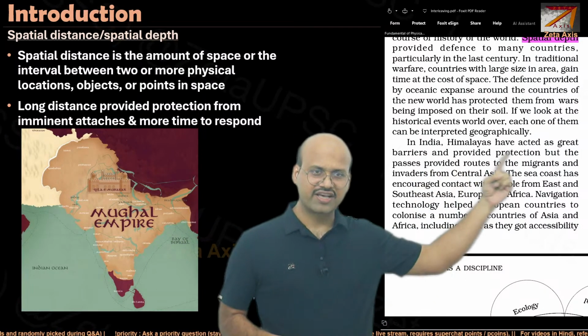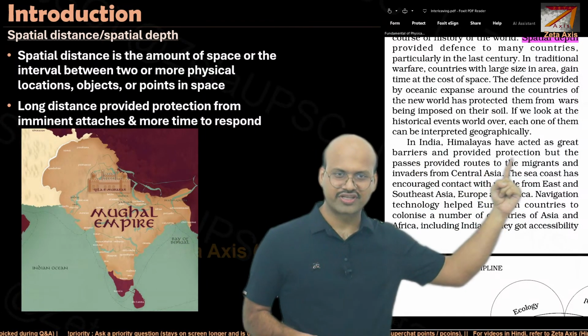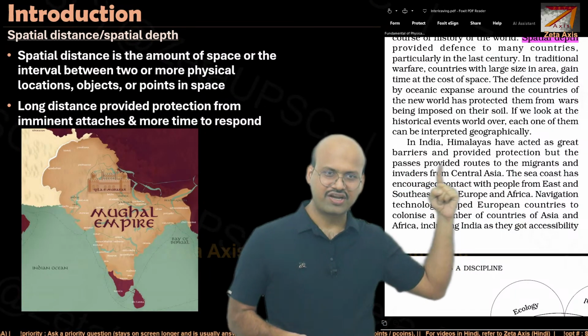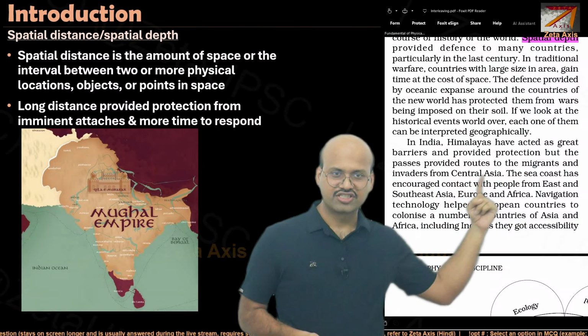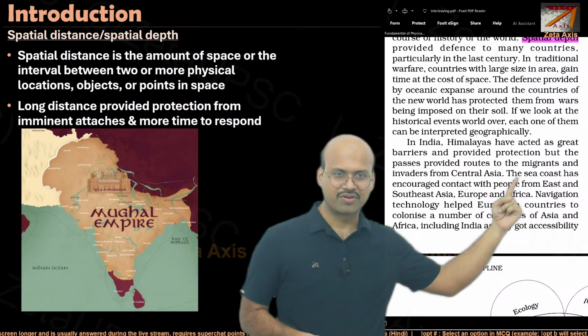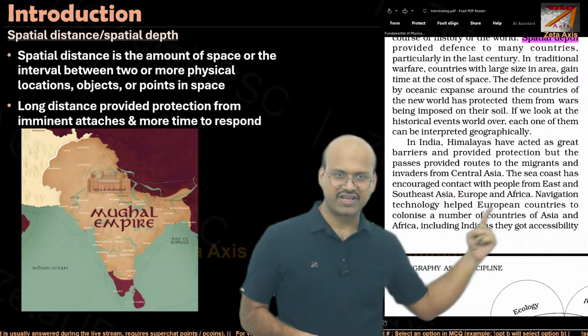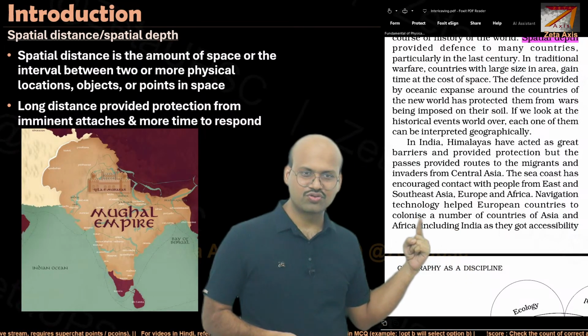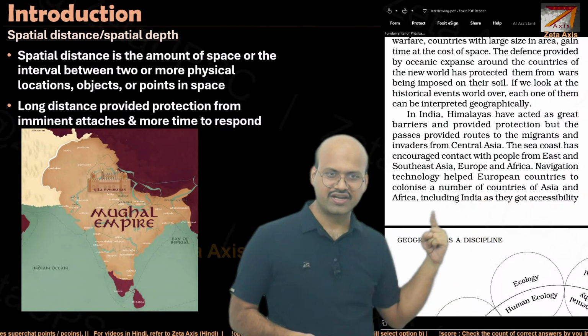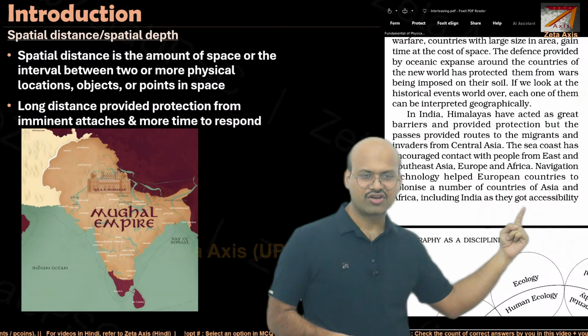In India, the Himalayas have acted as great barriers and provided protection, but the passes provide routes to the migrants and invaders from Central Asia. The sea coast has encouraged contact with people from East and Southeast Europe and Africa. Navigation technology helped European countries to colonize a number of countries of Asia and Africa, including India, as they got accessible.